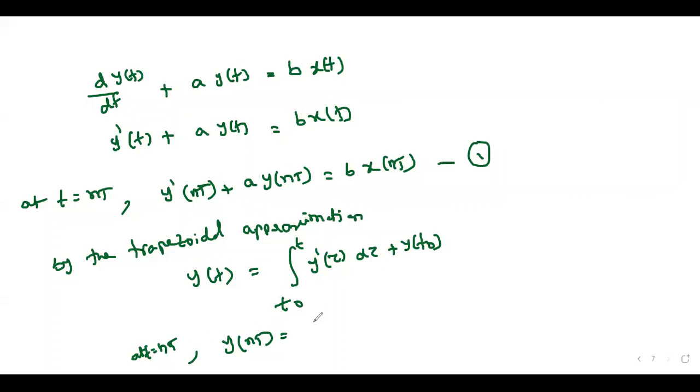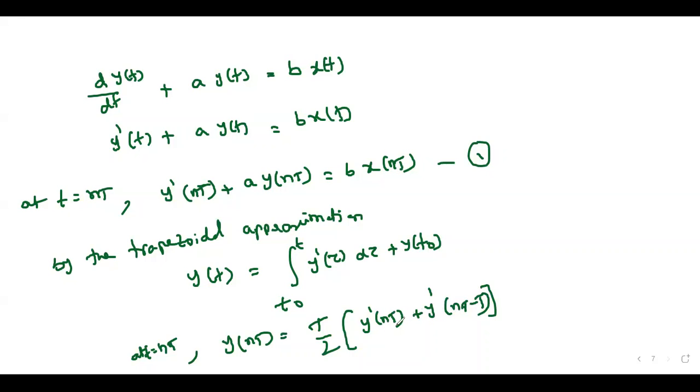If you take samples, this integration will go to a summation, but here it is y dash of tau. So we will take it within the limits, the summation of this y dash of tau. That is the average, T by 2 into y dash of nT plus y dash of nT minus T.